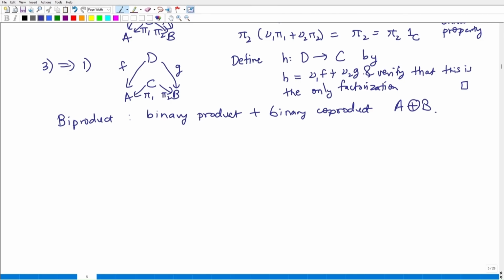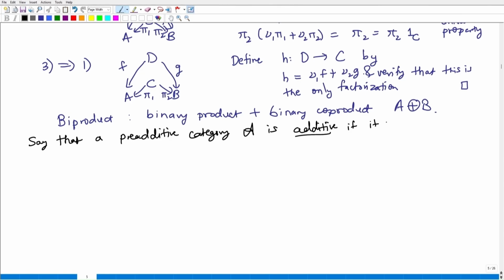Okay, now there is a definition. Say that a pre-additive category A is additive if it has a zero object and biproducts.